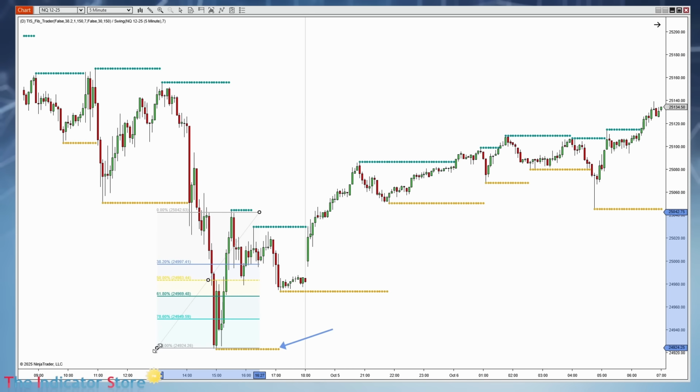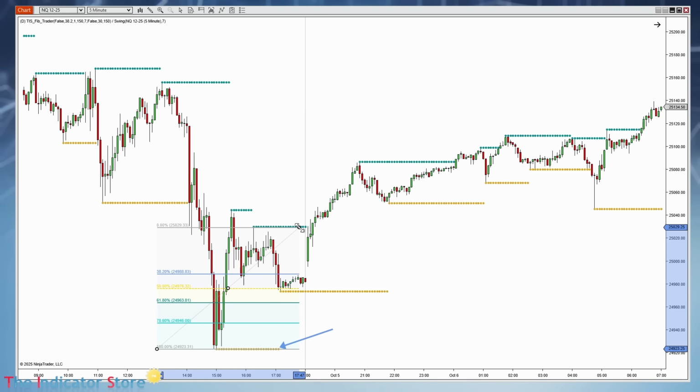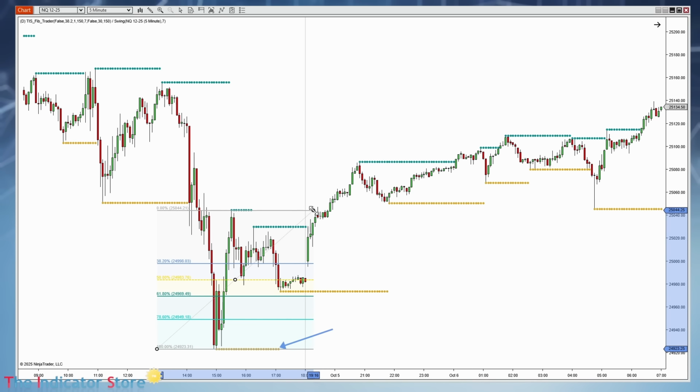Well, we can look here on the 38 and also on the 50. Here this is an entry on the 50, this is an entry on the 38. But then we keep going to the downside. Usually we don't move the fibs; if this was the highest high, we keep using that level.